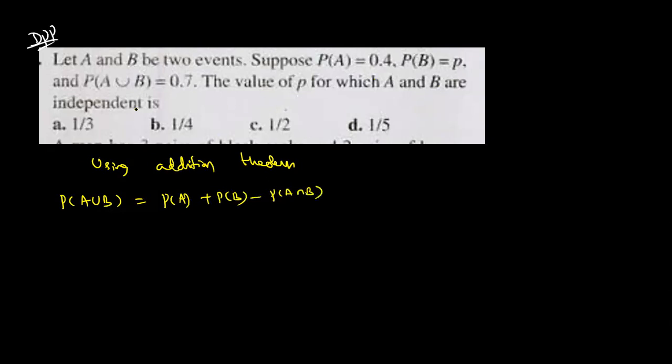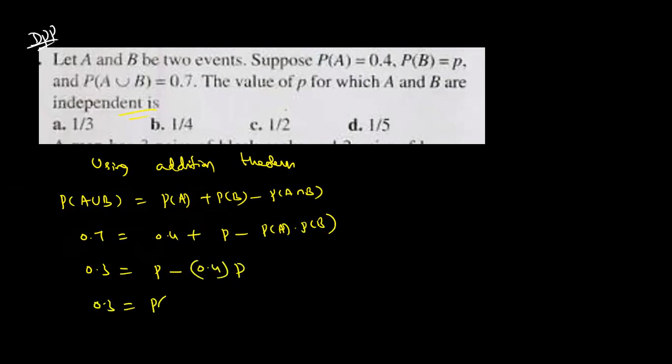Since the events are independent, what is the meaning here? One does not affect the occurrence of the other. P of A union B is 0.7, P of A is 0.4. P of B, that is P, minus P of A into P of B. So P minus 0.4 into P, so P is equal to 0.3 by 0.6. The answer is coming 1 by 2.